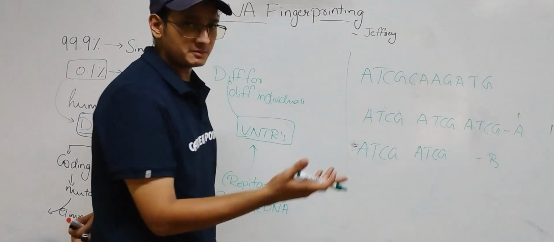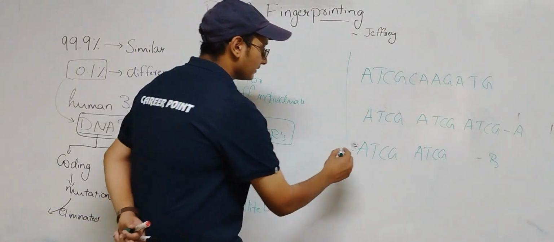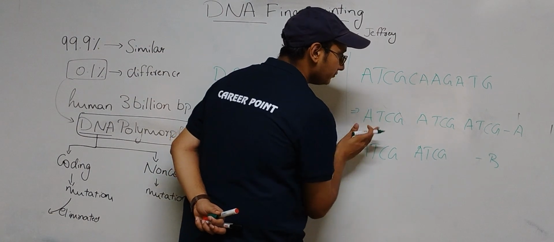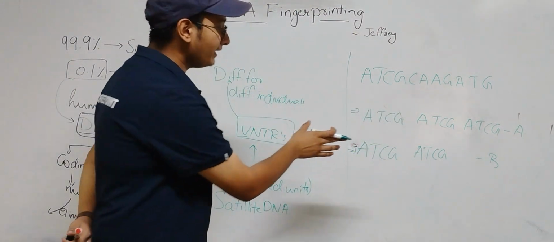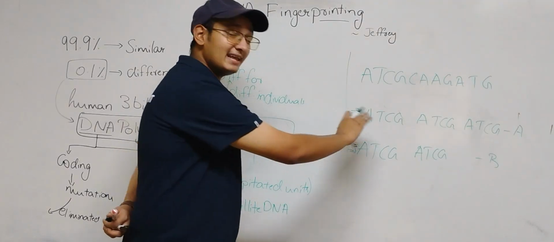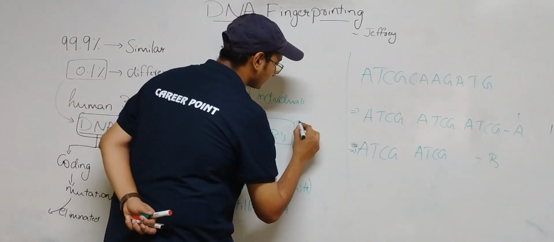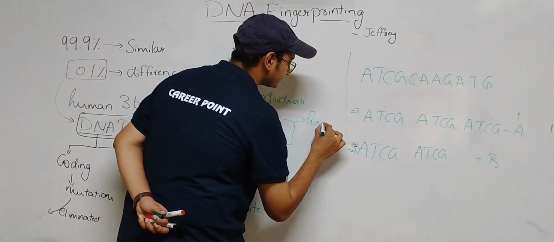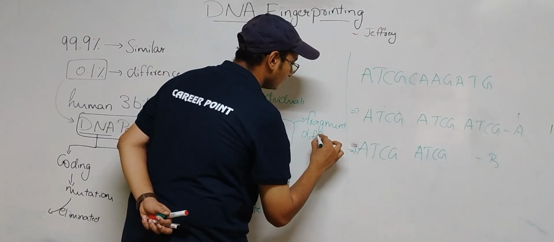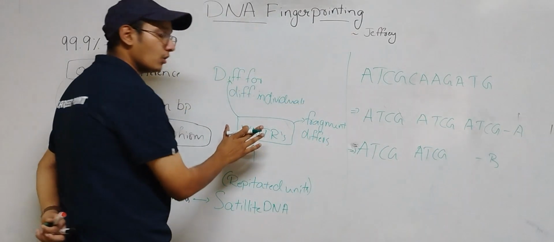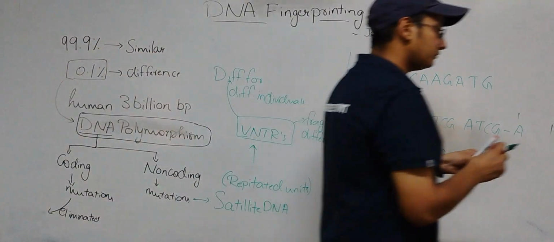Some might have 3, some might have 4, some might have 2, it depends. If you carefully observe, here we have 2, here we have 3. So when there is 2 and 3, the length of the sequence, the fragment length, also differs. This is the base of our DNA fingerprinting. I will tell you how.